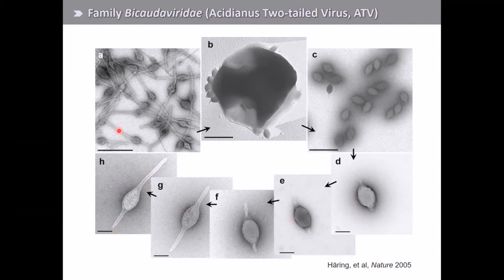And eventually in the population you have almost all viral particles with the long tails at the ends, right? And the only requirement for this transition is actually hot temperature. So if you incubate tailless virions at room temperature, nothing happens for a year. You can keep it, it will stay the same. But once you put it at hot temperature, it will undergo this transition.